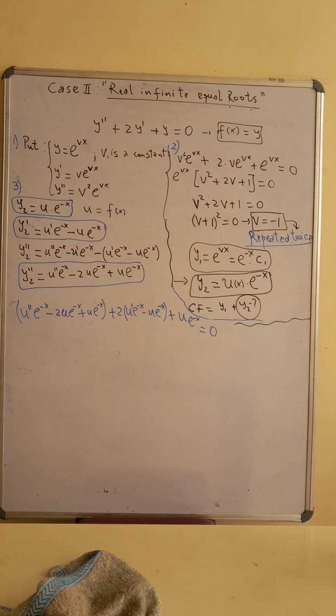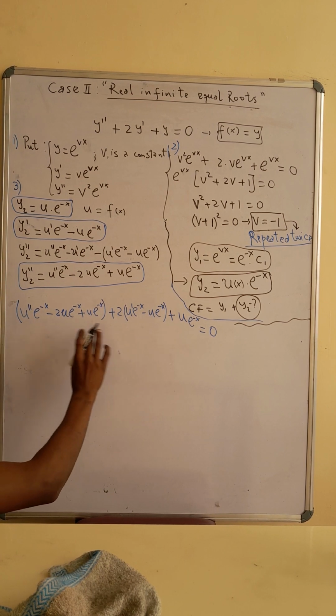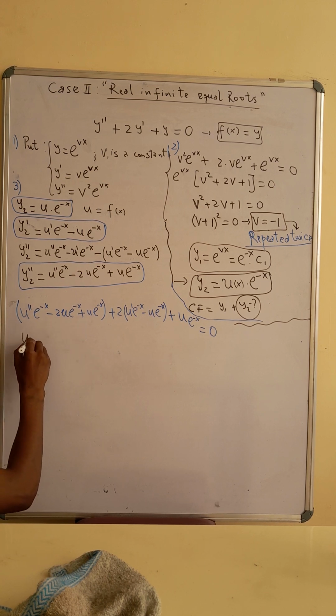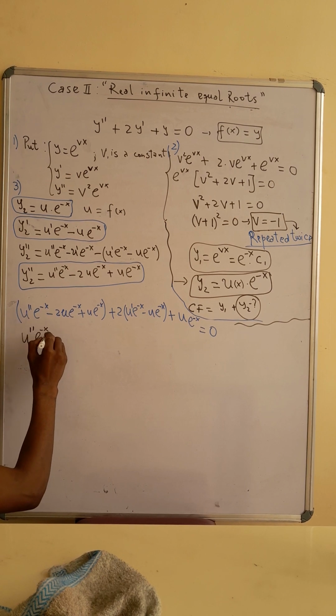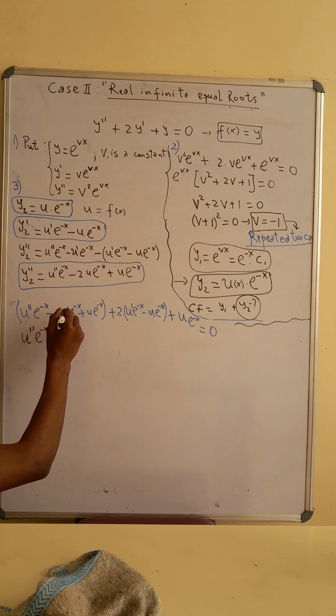So now what should we end with? I just substitute in this. I will put together all the double dash terms. I'll get u double dash Euler minus x, this expression right here. This is 2u dash.